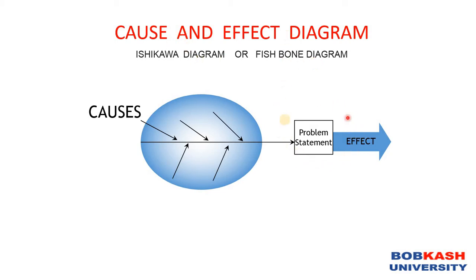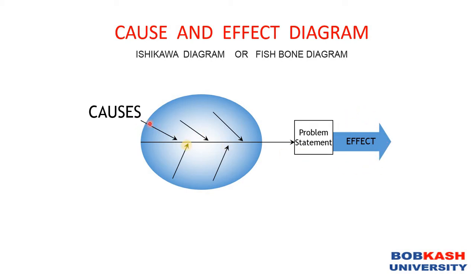On the right hand side, we write the problem statement or the effect that we see. So what we see is the problem in the process. Whatever we can see is the problem, which is written on the right hand side, and the problem is nothing but the effect, because you always see the effect. But this effect is because of multiple causes.